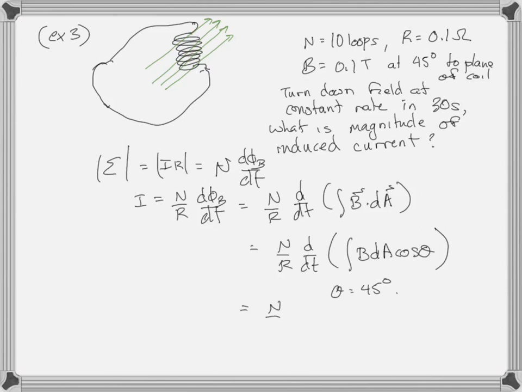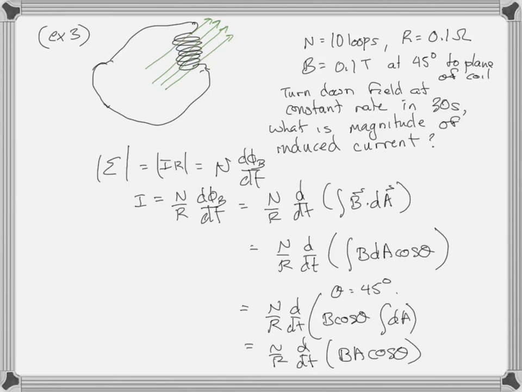So what we end up getting is N over R d/dt of B cosine theta times dA, which is just N over R d/dt of B A cosine theta, right? We already said on the other page that as long as things don't change over the area, and only change in time, then the integral just turns into the constant flux formula, B A cosine theta.